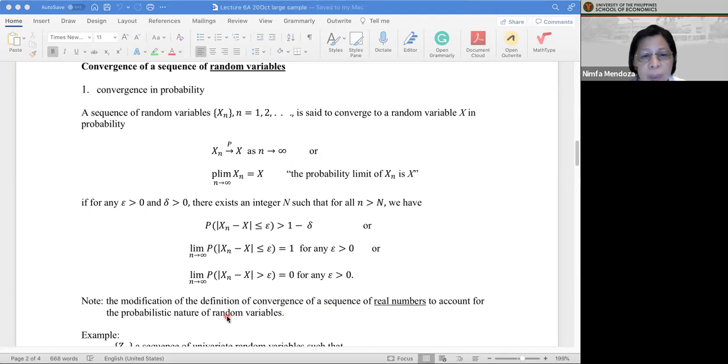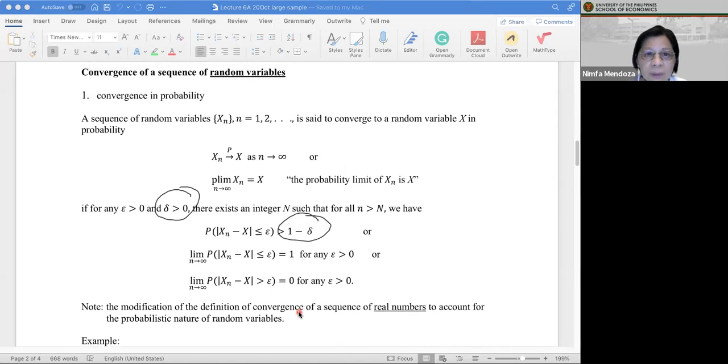So note the modification of the definition of convergence of a sequence of real numbers to account for the probabilistic nature of random variables. Whereas before you just have epsilon greater than 0, now you have delta greater than 0 appearing here.